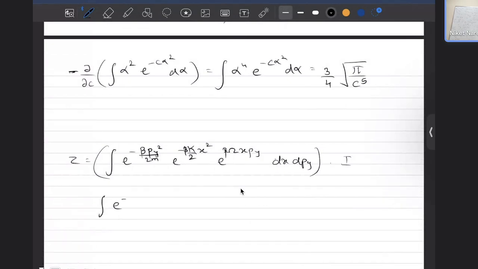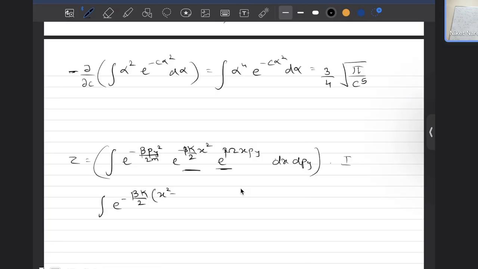E raised to power minus beta py square by 2m, minus beta kappa by 2 into x square, minus beta is taken inside.